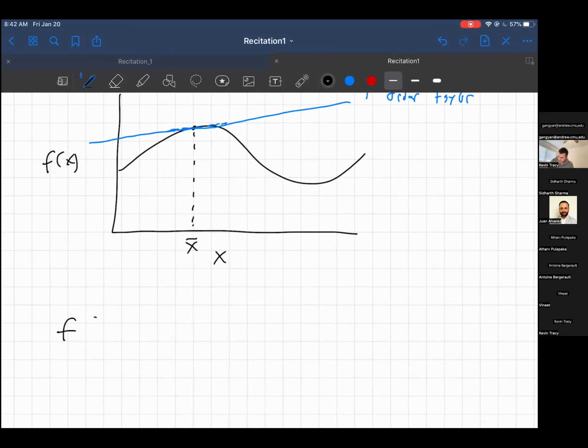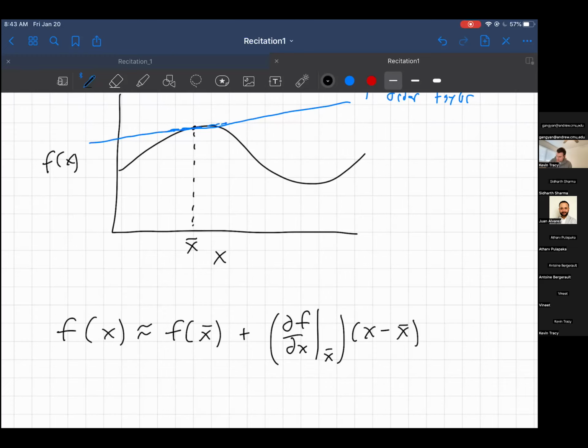I say that f of x is approximately f of x bar, so the current value of the function, plus df dx, which is just the slope of the line evaluated at x bar, times x minus x bar.